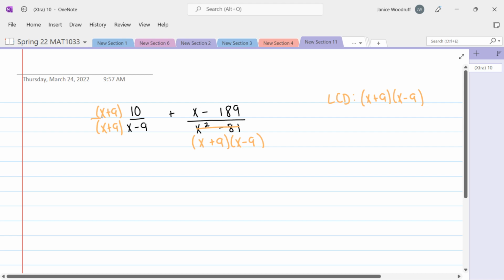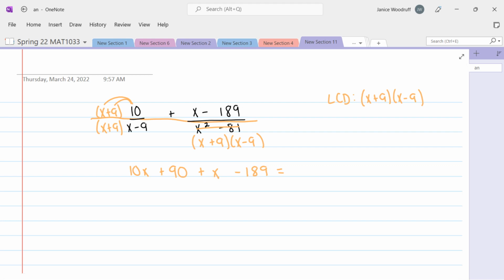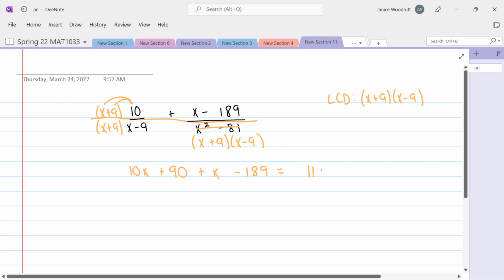So then we will do the numerators. We have x times 10 will give us a 10x. 9 times 10 will give us 90. And then we'll bring this over, plus x minus 189. We combine all of that. That will give us what? So 11x minus what? 99.